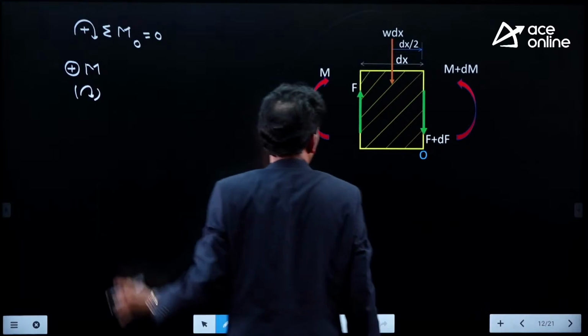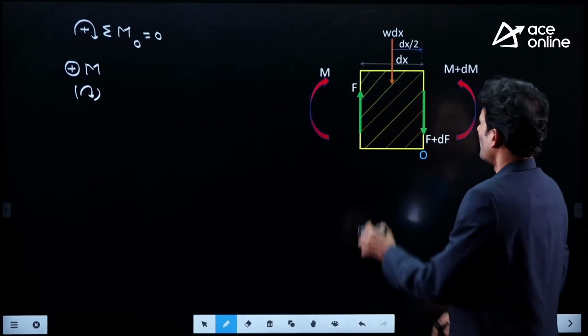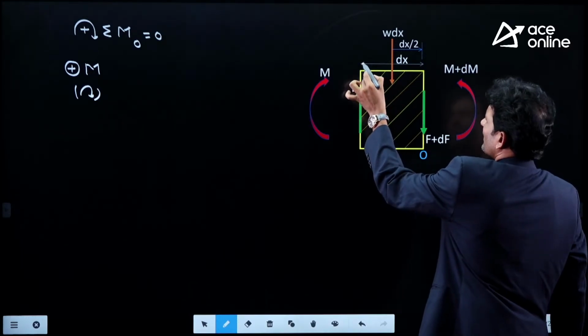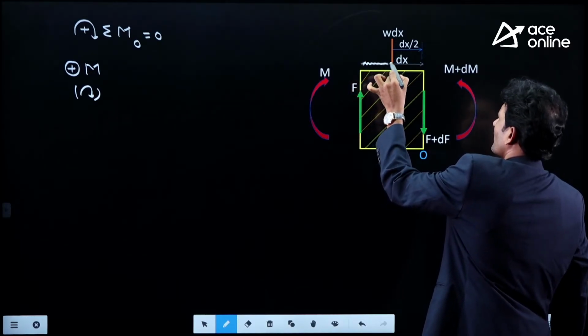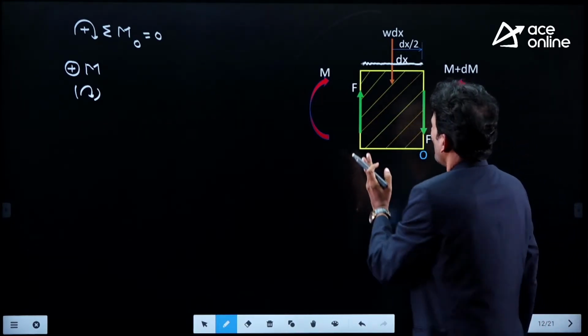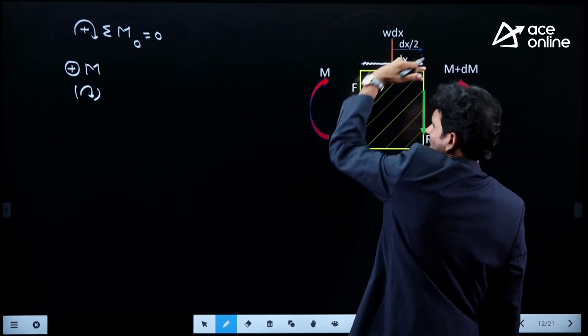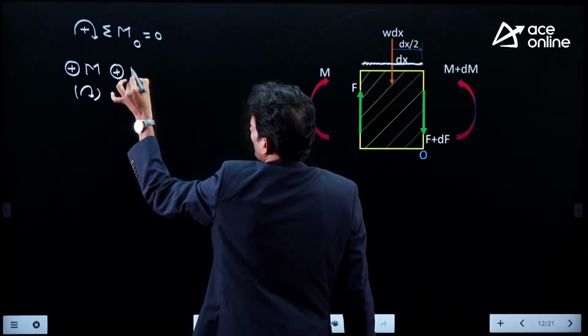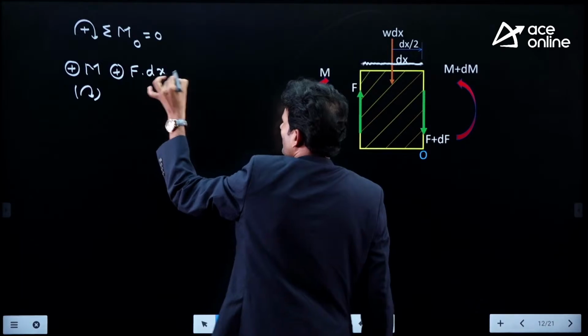Here the rotation is clockwise. Now here one more force is acting, at a distance of dx. This is the distance we are observing between point O and F. Now how is it acting, my dear friends? It is also acting with clockwise rotation, plus F at a distance of dx.